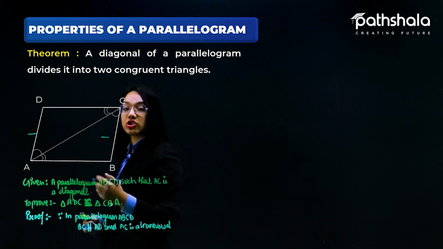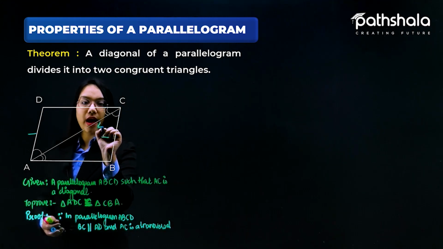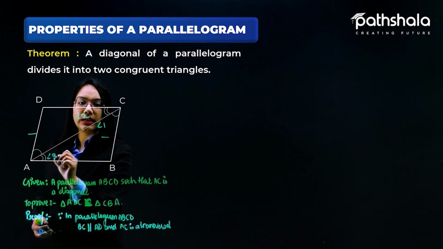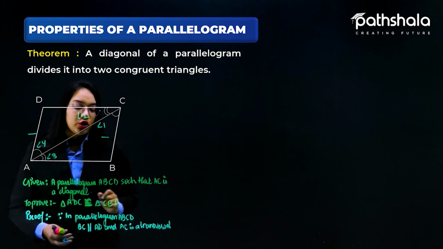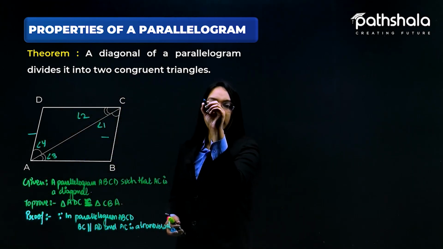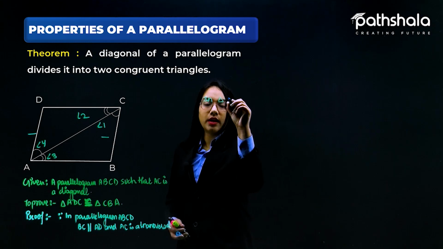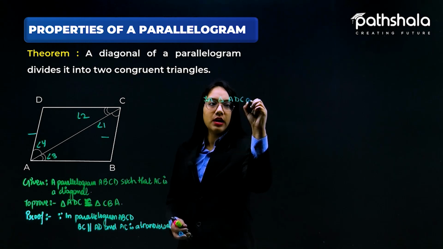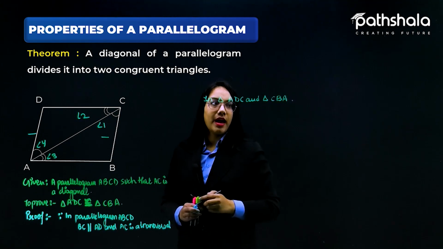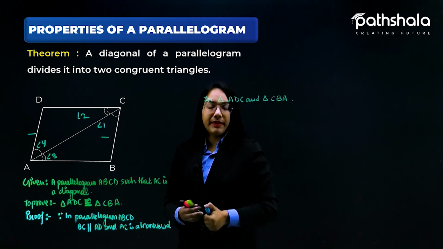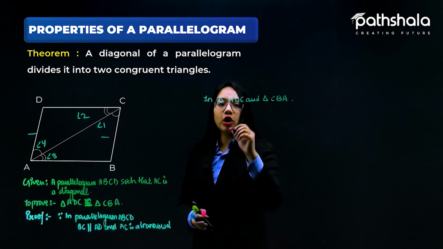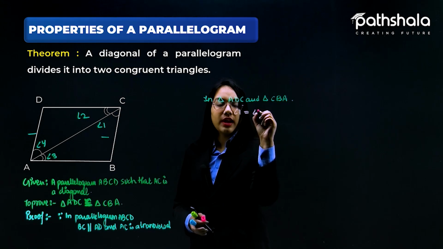Let us take this angle as angle 1, this angle as angle 2, this one as angle 3, and this one as angle 4. What can we say about the different angles here? In triangle ADC and triangle CBA, first of all, angle 1 is equal to angle 4.